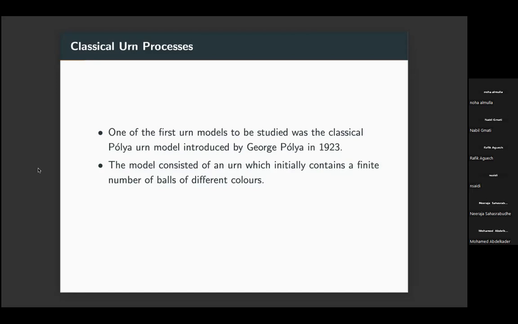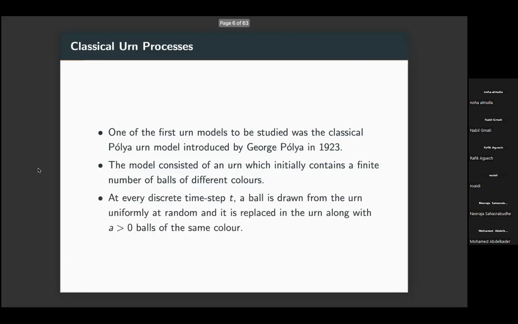I will mention a few general definitions about finitely many colors, but mostly we are going to stick to 2 color urns. At every time step, you draw a ball from the urn uniformly at random and then put it back along with A balls of the same color, where A is some positive number.